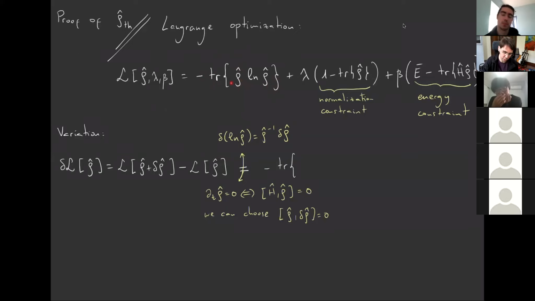So we have to take the variation of the first without doing a variation of the second, and the variation of the second without making a variation of the first, okay? So this will give us exactly a variation of delta, and then a 1. So if you want, first a log of rho, and then a 1.